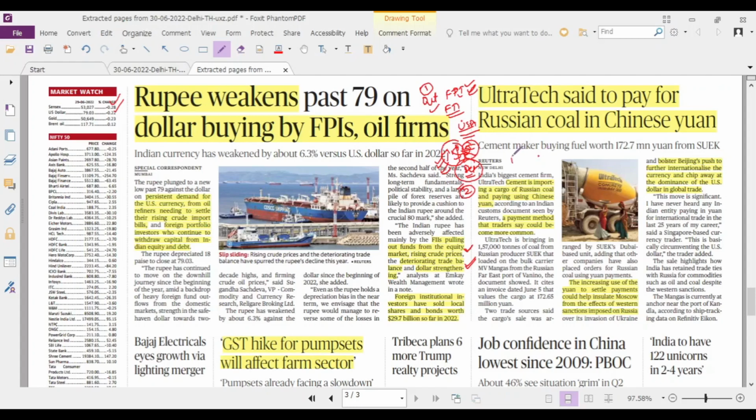On one hand, this is beneficial for Russia because it is avoiding the payment through dollar and increasing payment through some other currency. And for implications for the Chinese yuan, even though China is the largest trading country in the world, the amount of influence of yuan is not that much as compared to the US dollar.